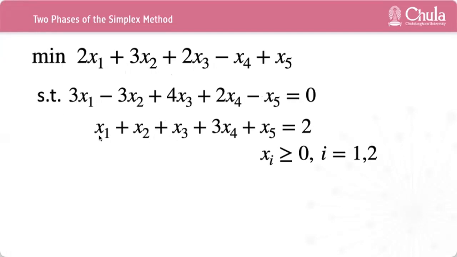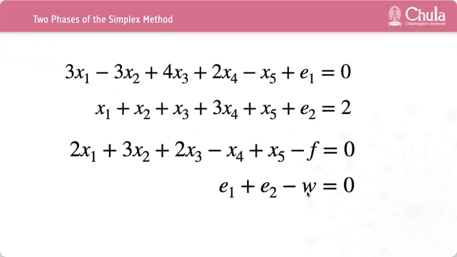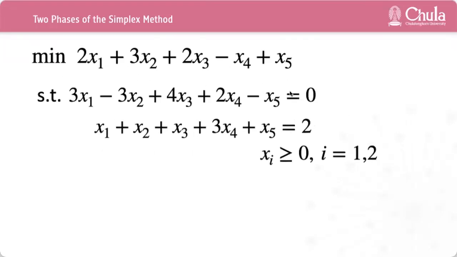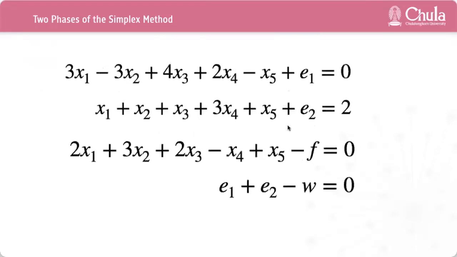And the other one is x1 plus x2 plus x3 plus 3x4 plus x5 equal to 2. All variables x1 to x5 are non-negative, which is good. But we have equality constraints here, so we have to transform them by adding E1 and E2 to the first and second constraints respectively.